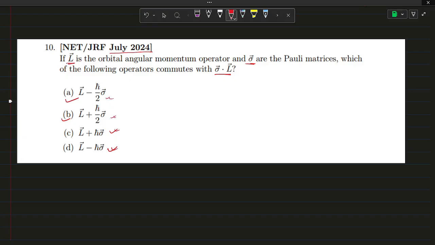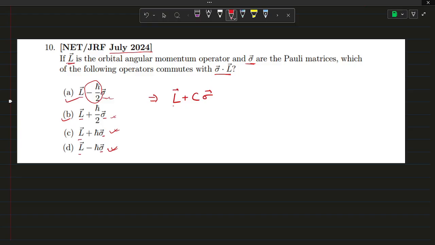So here we will try to find the similarity between the options. The operator L part is common in all of them, and sigma is common in all the options. Only the constant part is different. So we can simplify it by writing L plus C sigma.